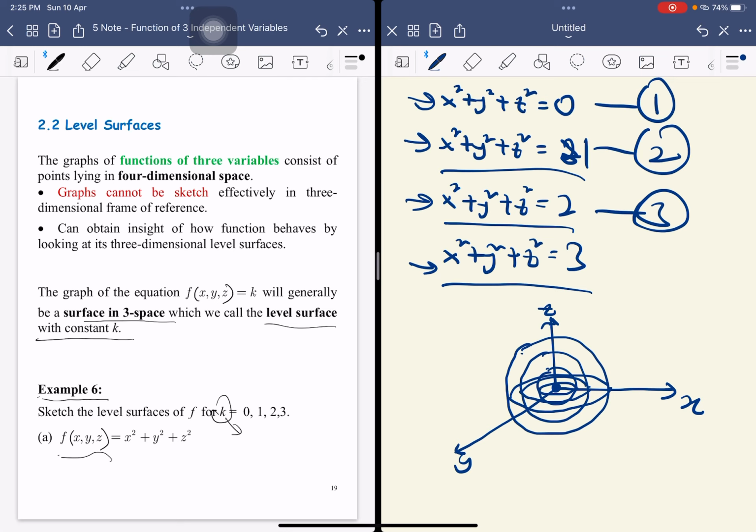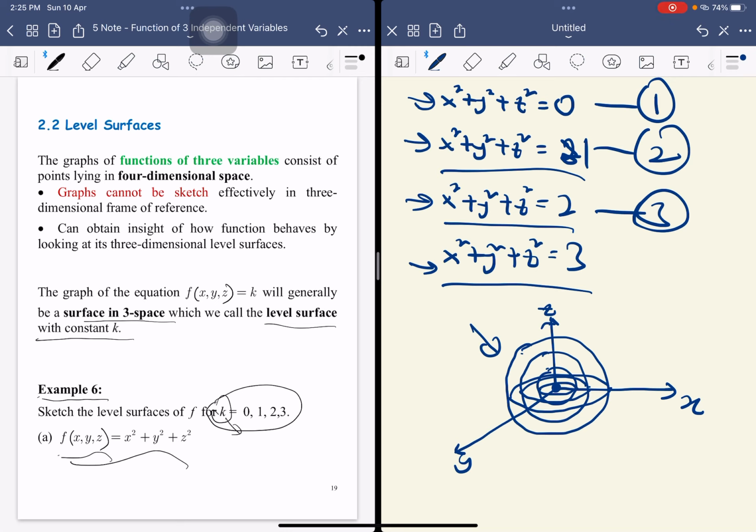Technically, for level curves, we have a collection of level curves, and you get the contour map on the XY plane. But when we talk about level surface, you're going to have a 3D surface, because it's not possible for you to sketch 4D, right? So that's why we will give you specific values for you to get the level surface.